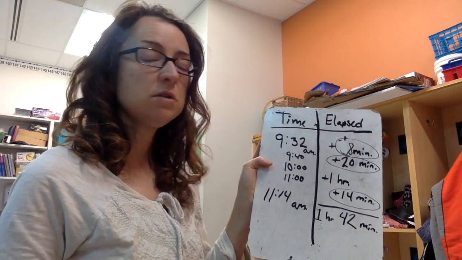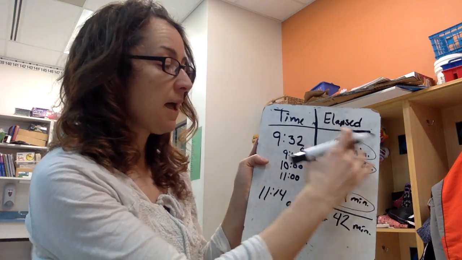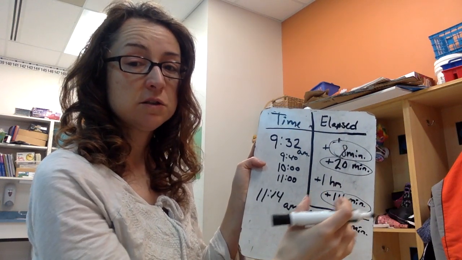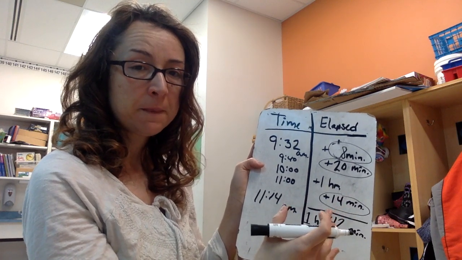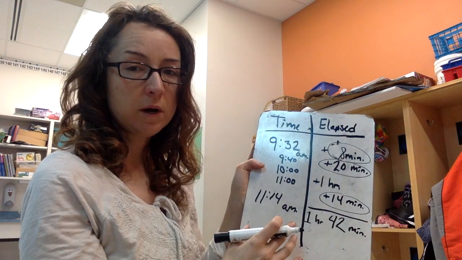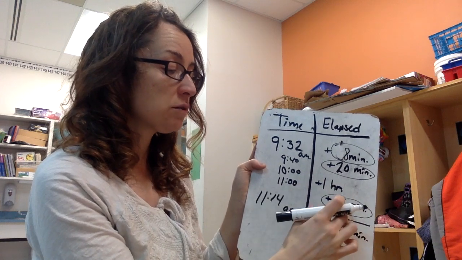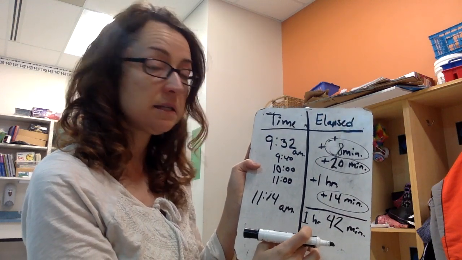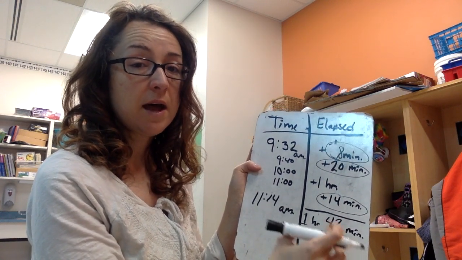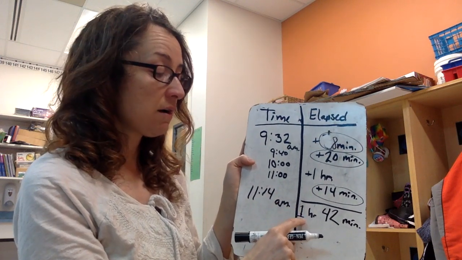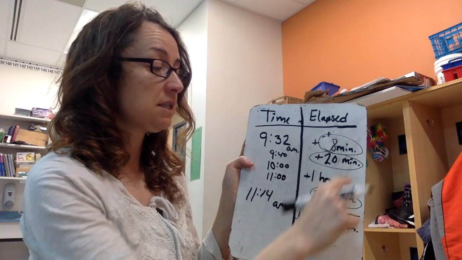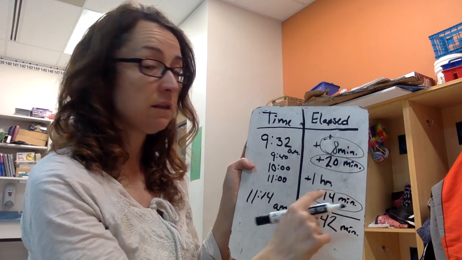What I want you to notice though is I had to use my thinking here to be sure that I was adding my minutes correctly and my hour. I didn't add my hour to my minutes until the end, after I added my minutes together. So I don't want you to think of 1 hour as something that needs to be added to the 8, the 20, and the 14.